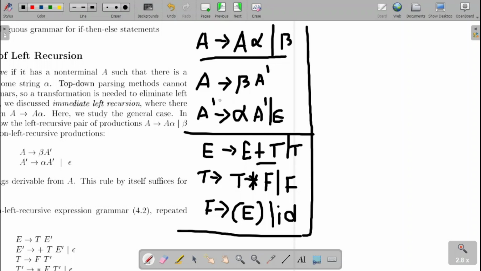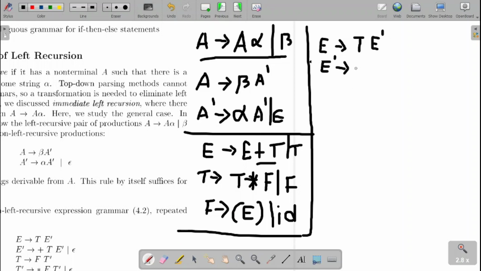So now what to do? I need to replace it with this form. In place of A, I have the E. E derives, so what is beta over there? Beta is T, so it is T E dash. Then for the E dash, E dash derives alpha.